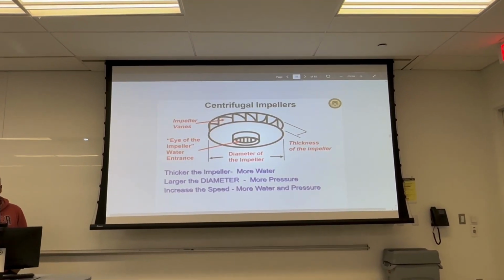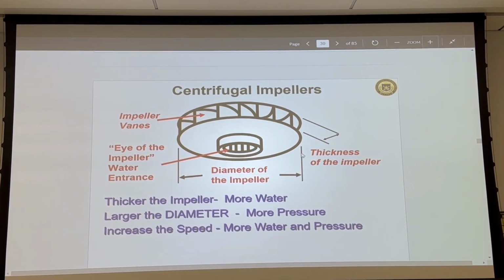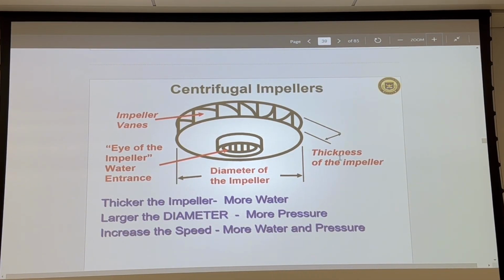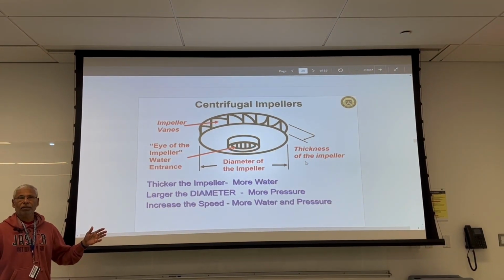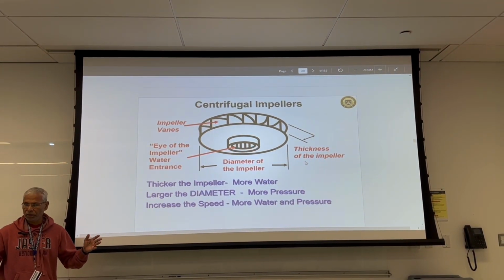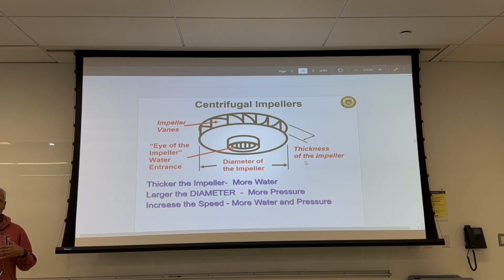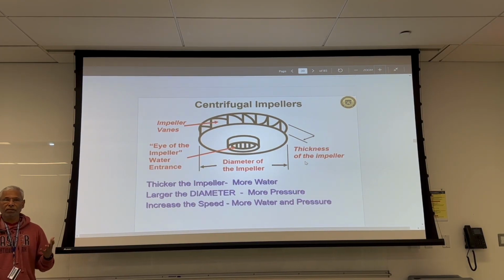Another diagram is showing diameter and impeller thickness. He's giving you these important characteristics for a reason. Whenever you design a pump, you have an impeller with a certain diameter, and if you increase the impeller, the volume of the fluid increases. If you increase the thickness, you also increase the volume.